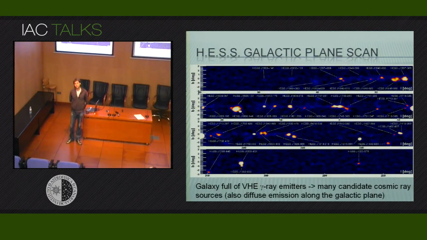Maybe I should understand this, but how do the gamma ray bursters fit into this whole picture? The gamma ray bursts? Well, so far no gamma ray burst has been detected from the ground. It's an additional talk. Maybe I can do part 3, gamma ray bursts. They have not been detected from the ground. MAGIC is trying very extensively because we are able to position the telescopes very quickly, in 20 seconds by 180 degrees around.